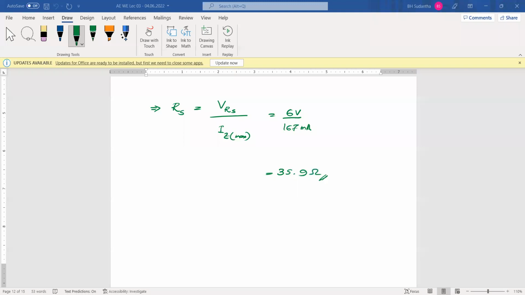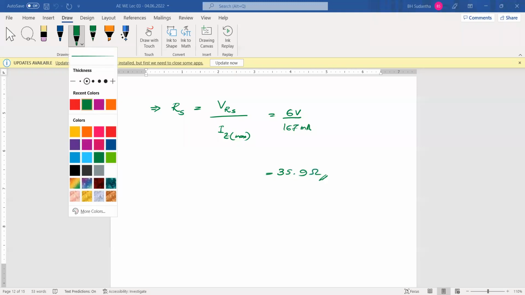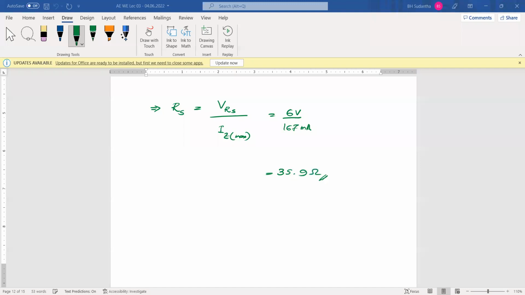If you consider this, for example, this is the Zener voltage VZ, and this is VF, the forward voltage. But you also have to look at a practical Zener diode graph. I'll show you.